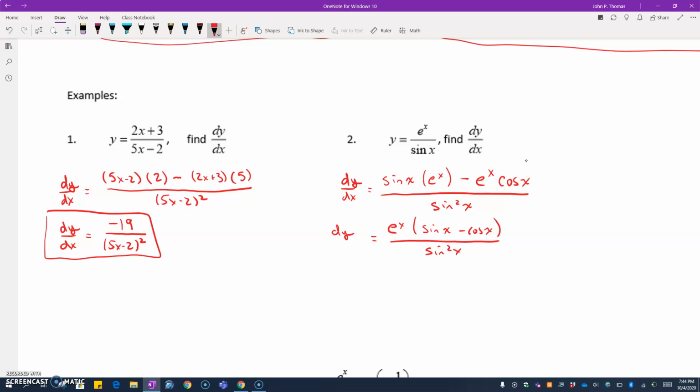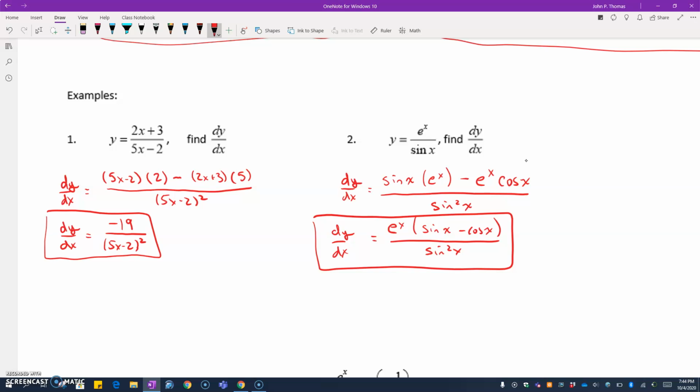And again, I did that factoring because if I was setting this equal to 0, I would set the top equal to 0, e to the x equals 0, which is never true, and then sine x minus cosine equals 0. So I could move the cosine over and then divide both sides by cosine, and I'd have a tangent equals 1 type problem, which is pretty easy for us to solve.